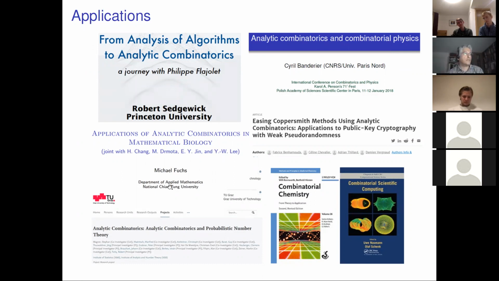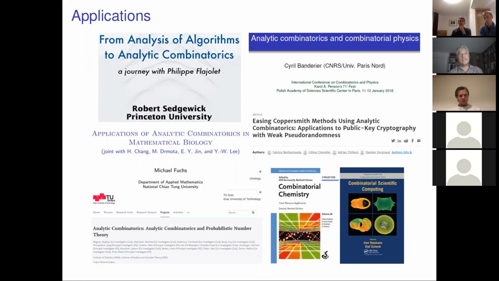Or in mathematical biology. In chemistry, I know that Pólya's enumeration theorem was used to count the number of chemical compounds. Well, any field where combinatorics has been applied, you can think that maybe analytic combinatorics can be applied there.